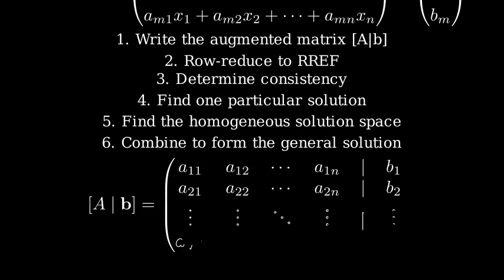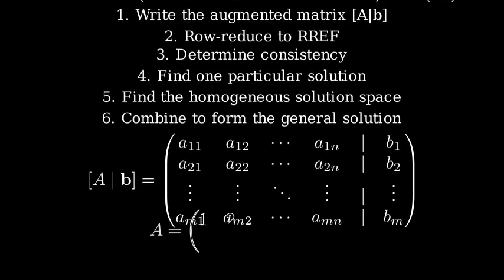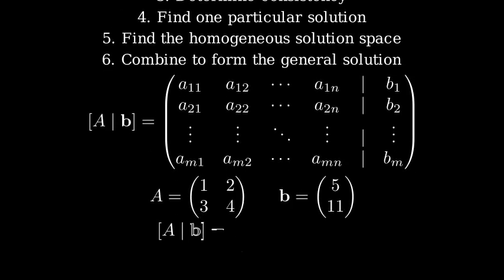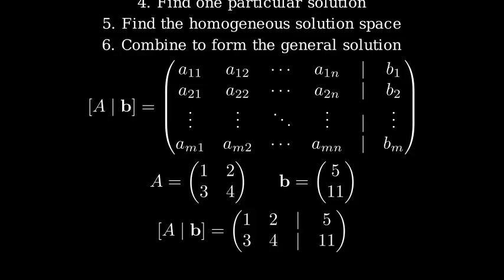Step 1, we form the augmented matrix by placing matrix A and vector B side by side. For example, if we have A and B like this, the augmented matrix would look like this. Step 2, we row reduce the augmented matrix to reduced row echelon form, RREF.